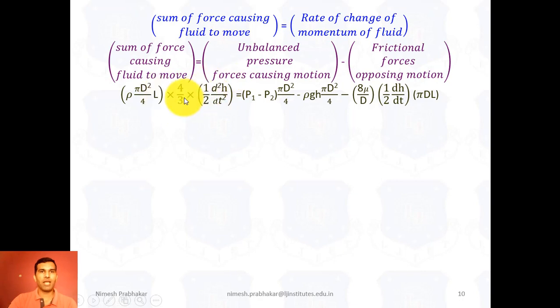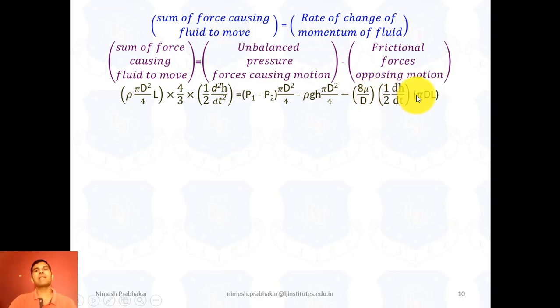So here first we write the rate of change of momentum of fluid, and this is equal to this term, which represents the unbalanced pressure force causing motion, minus this term, which represents the frictional force opposing motion.